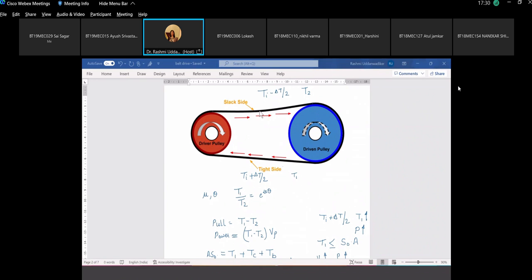We have calculated the area, but we haven't checked whether this belt is safe for initial tension or the initial stress.